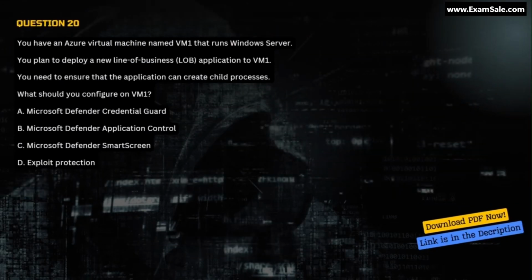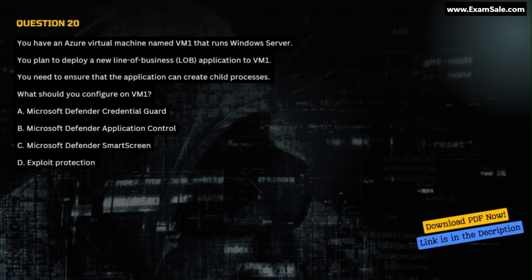Question 20. You have an Azure virtual machine named VM1 that runs Windows Server. You plan to deploy a new line of business (LOB) application to VM1. You need to ensure that the application can create child processes. What should you configure on VM1? A. Microsoft Defender Credential Guard.